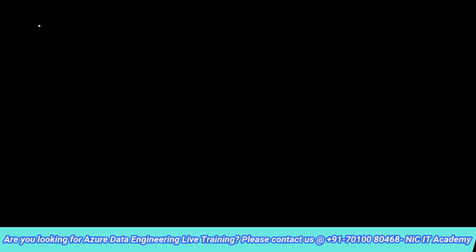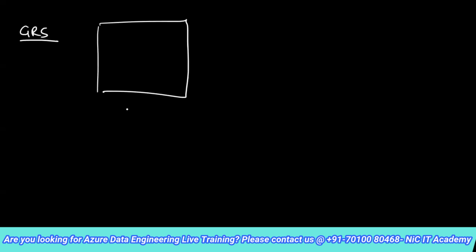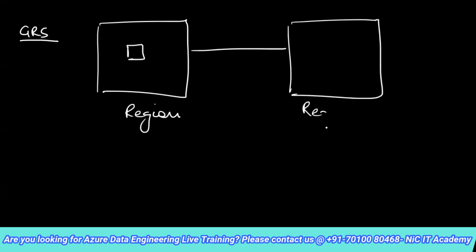And then you have GRS, the geo redundant storage, where I say in one region I will have 1 copy, and in the region pair I will have another copy. So different regions altogether. So this is, let's say, India South.